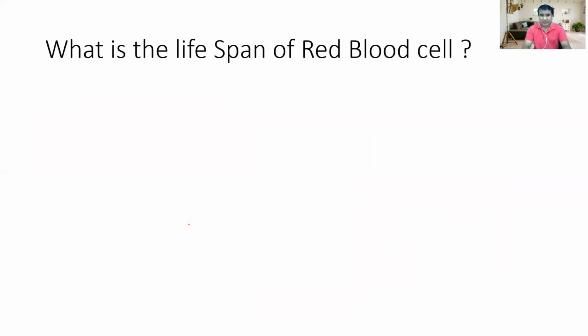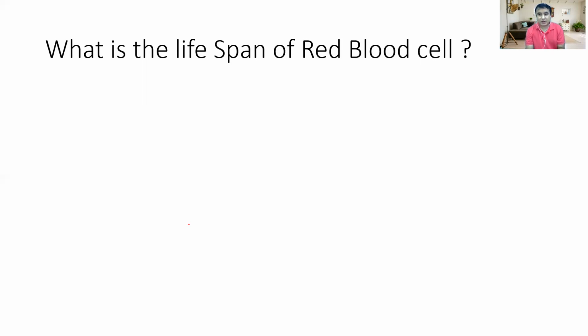Then think about the lifespan of RBCs. The lifespan starts at the marrow of the flat bones and the terminal ends of the long bones. It goes through different stages in the marrow and comes out as RBCs, then ultimately gets killed in the spleen. So what is the lifespan of the RBC?